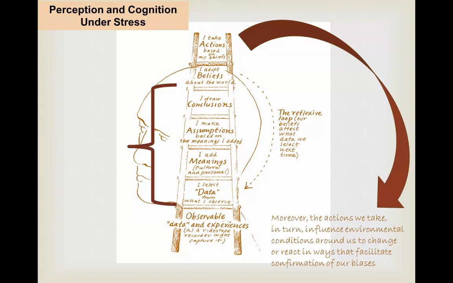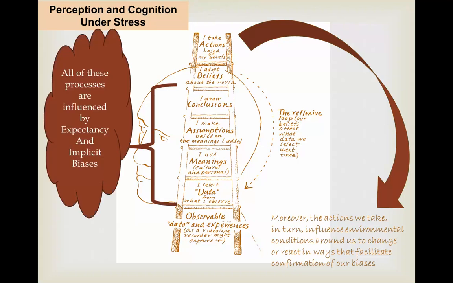All of these issues, the selecting of data, the subjective understanding, the assumptions I make about the attributions that drive your behavior, the conclusions I draw, all of these are influenced by my expectancy and my implicit biases, right?